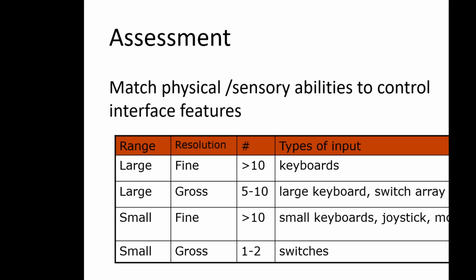And then when we look at a smaller or more contained range of motion, so I can't reach as far, but I have good fine motor control, then I can start looking at the use of smaller or compact keyboards, possibly a joystick or a mouse, in order to control that device. And then a small range of motion with decreased fine motor but a good gross motor, then I'm going to be looking at switch access.